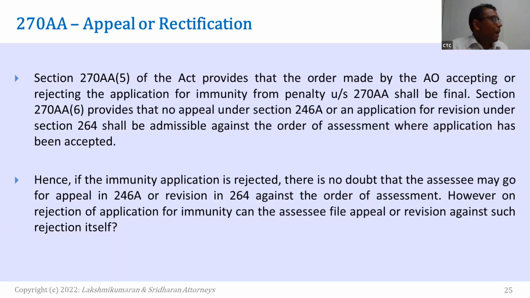But again, the practical difficulty that we see is when, like in concealment, the assessing officer says there is misreporting of income in lieu of underreporting of income. So how the assessing officer has initiated this is unclear. Once an application is made, he says, I have initiated for misreporting, therefore your application is rejected.